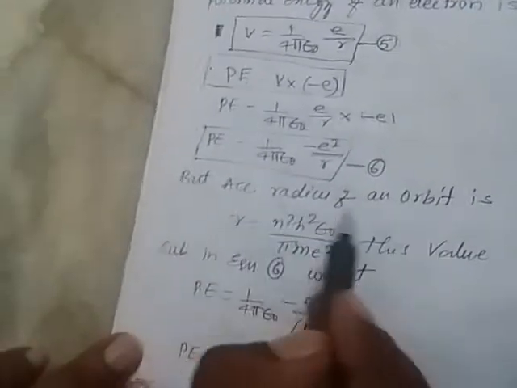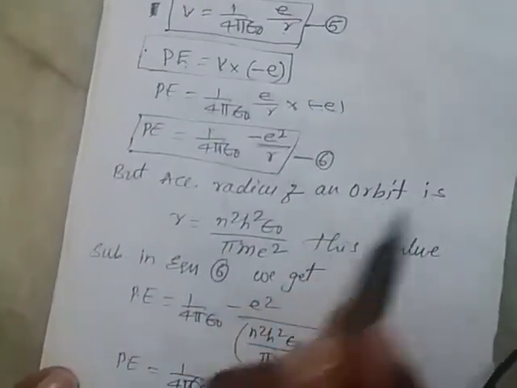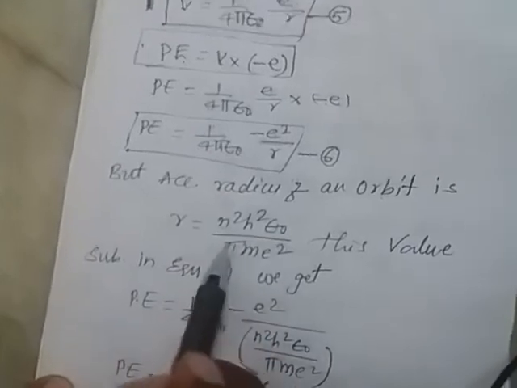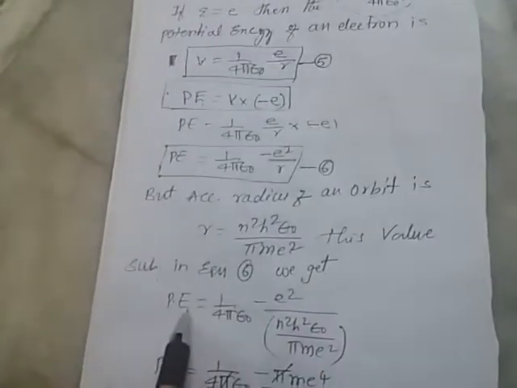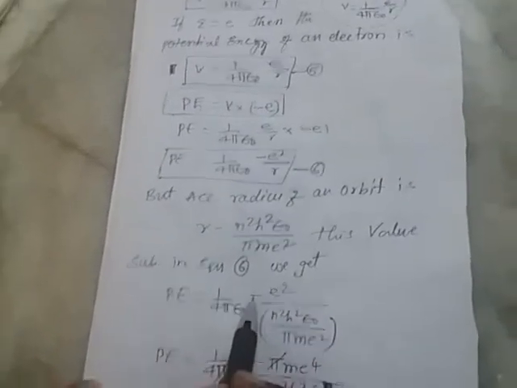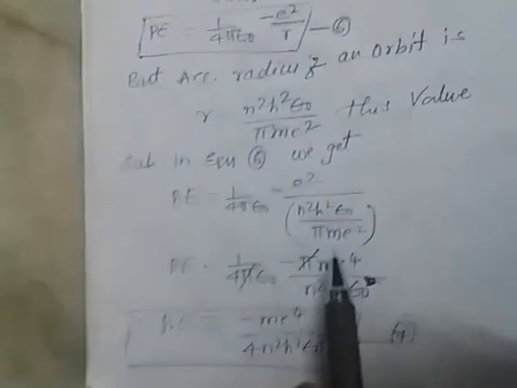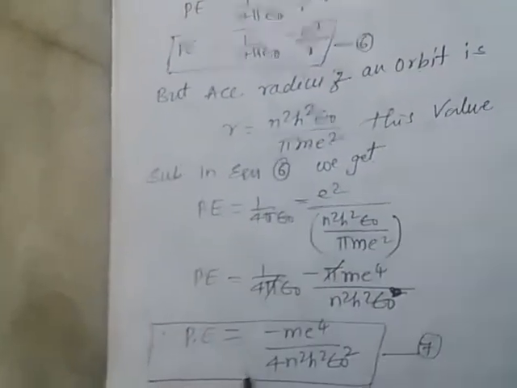According to the radius of an orbit, r equal to n square h square epsilon naught by pi m E square. This value is substituted in equation 6. We get potential energy equal to 1 by 4 pi epsilon naught into minus E square by n square h square epsilon naught by pi m E square. Here pi m E square is taken upward.